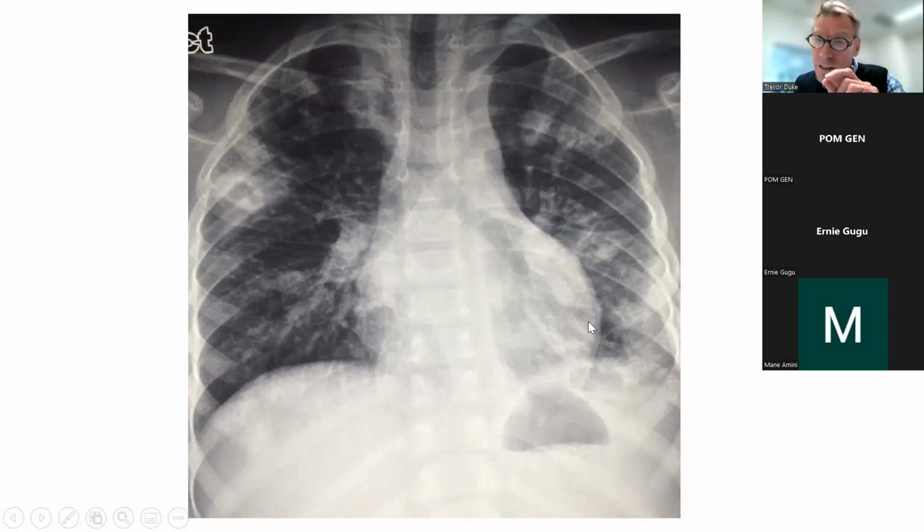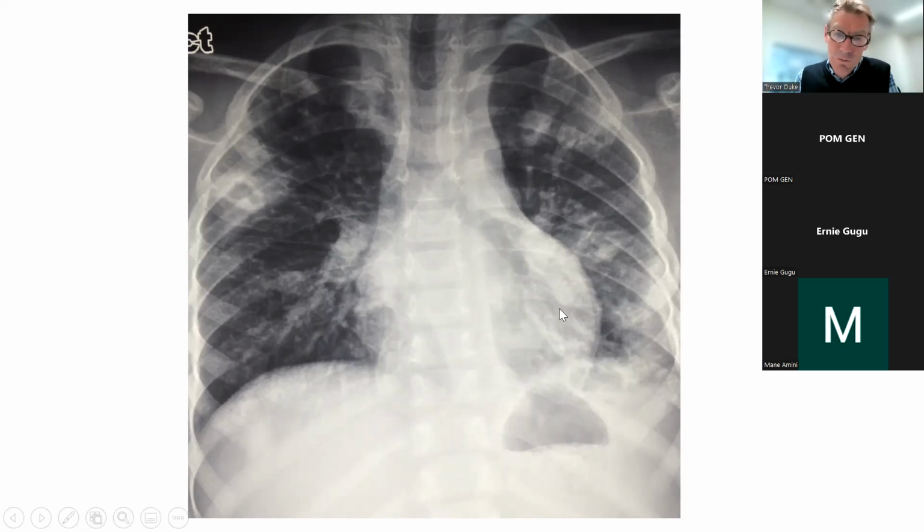But if the bronchi narrow down and then enlarge, then we call that something. What's that? It's suggestive of bronchiectasis, isn't it?